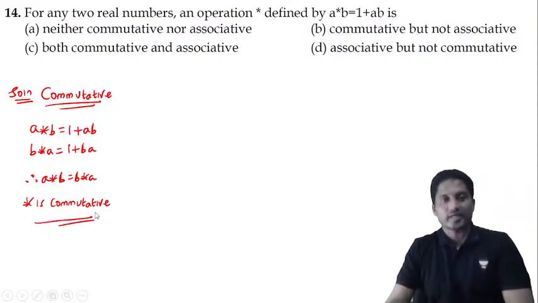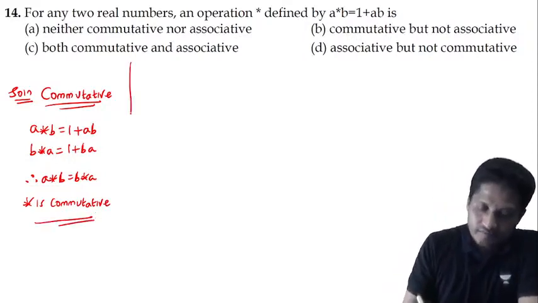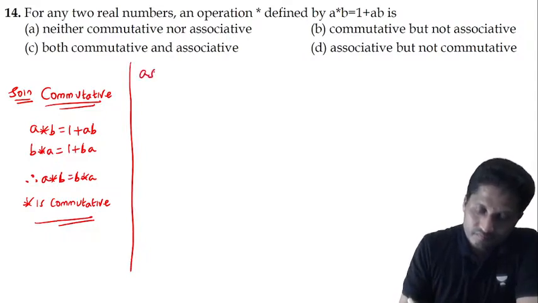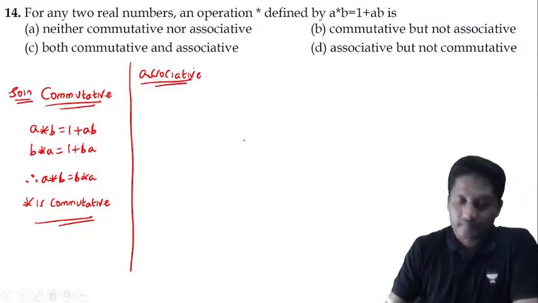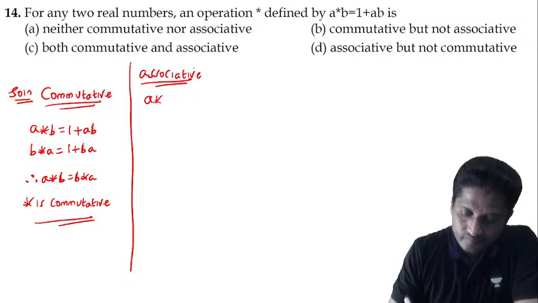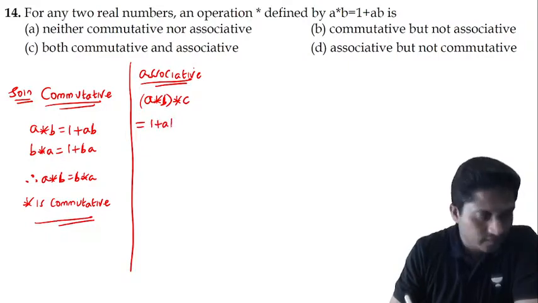Okay, star is commutative. Now, if I check associative, suppose I take A star B star C. What is A star B now? 1 plus AB, right?